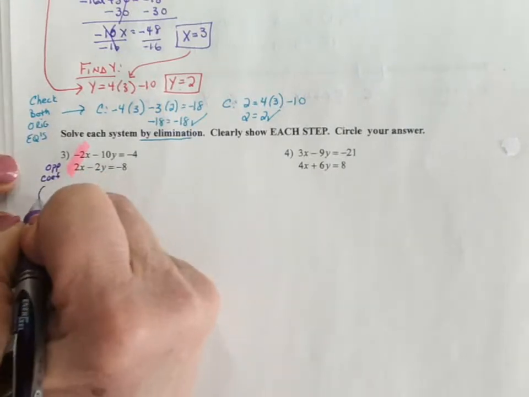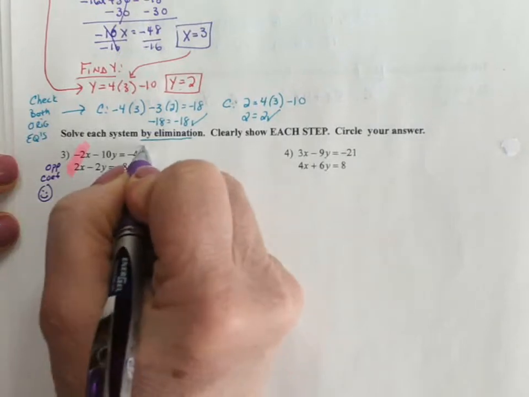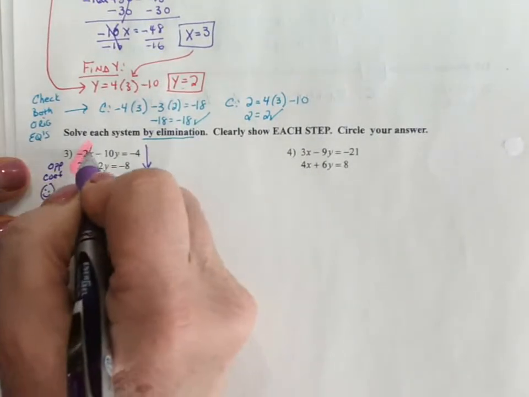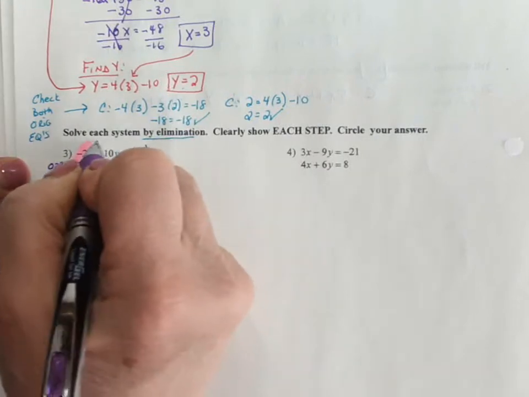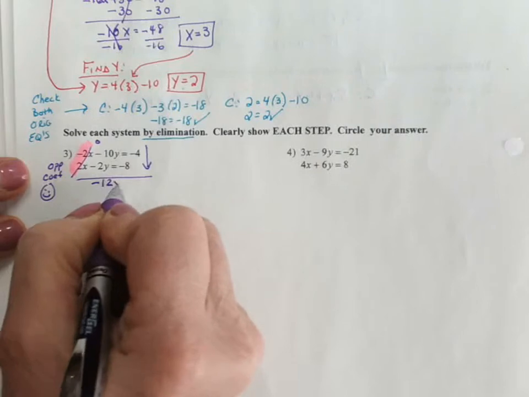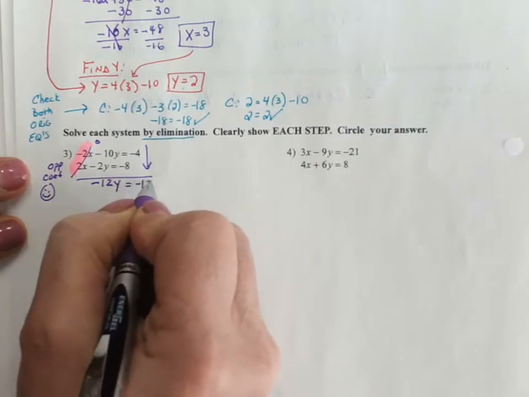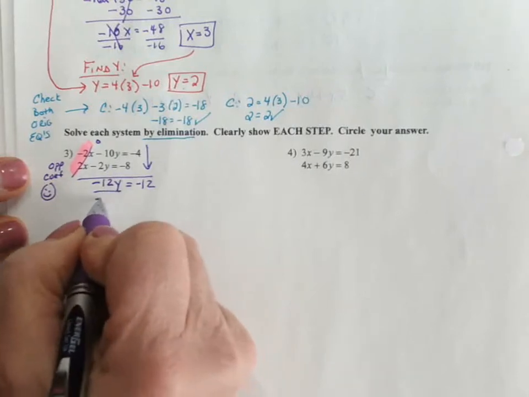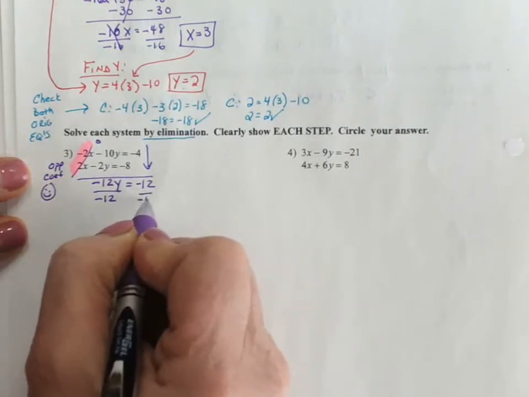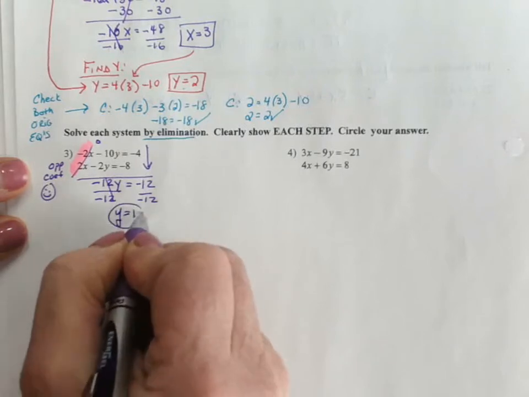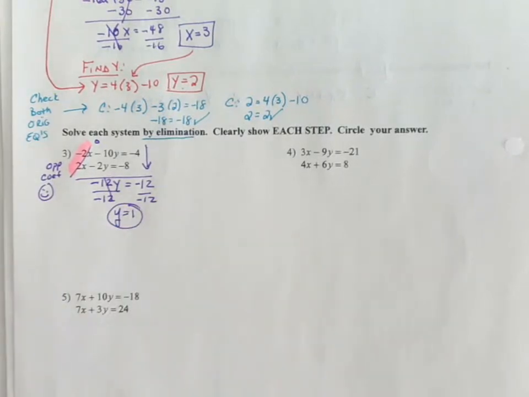Which makes us smile, because all we have to do is add down. The x's are eliminated. We add the y's. Negative 12y equals negative 12. Divide by negative 12. y equals 1. So that was easy.